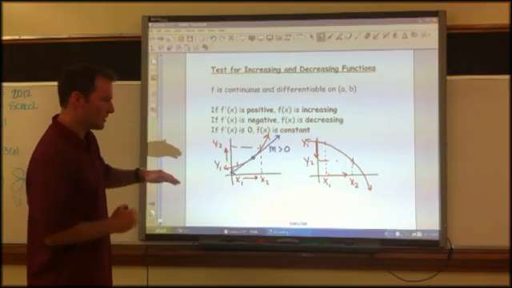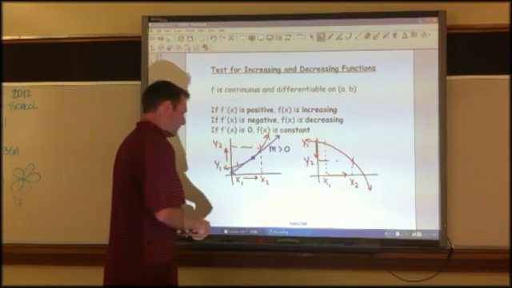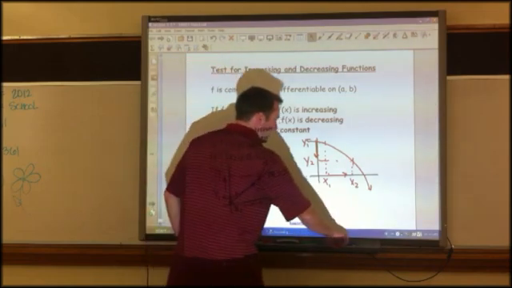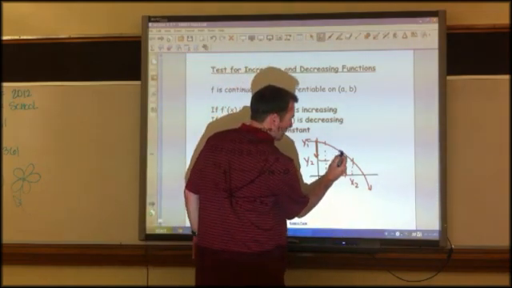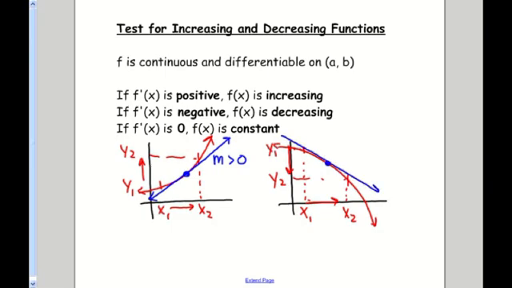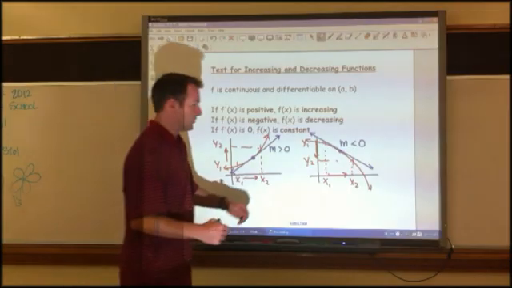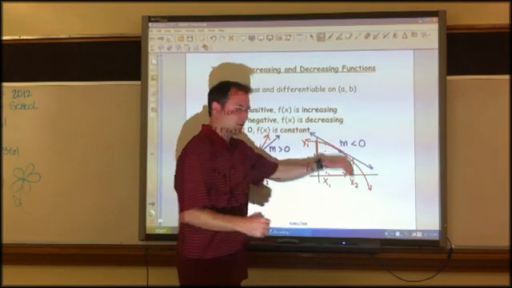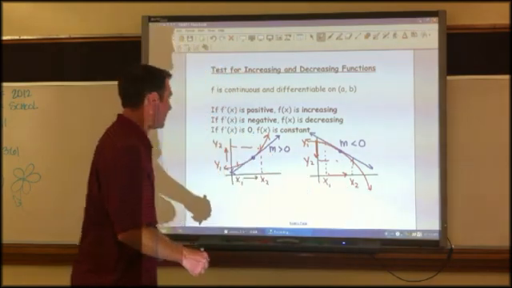So we say the function is decreasing as x is moving from left to right. Well, again, if I take a look at the tangent line at any point in that decreasing section of the graph, the slope of this line is going to be less than 0. So if the derivative is negative, then I know that the function is decreasing.